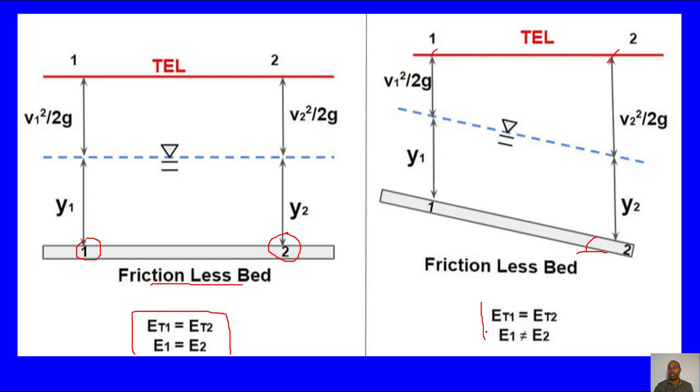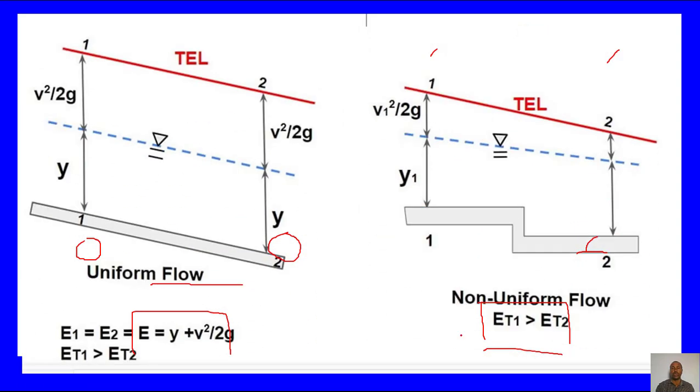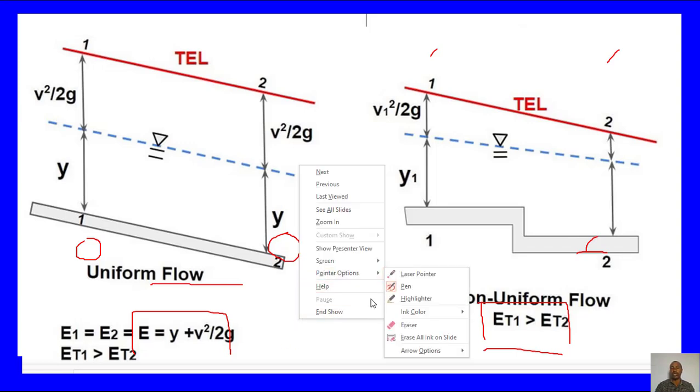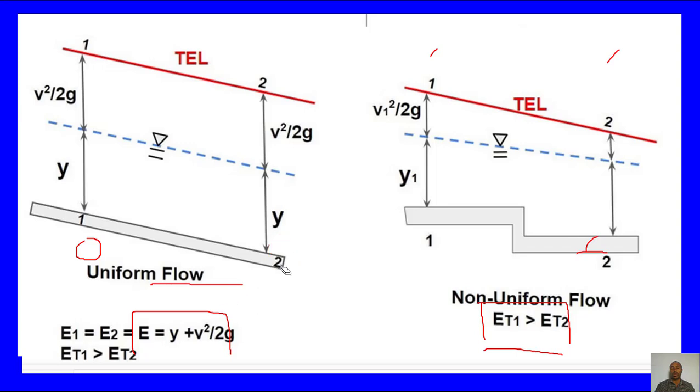You have total energy 1 equal to total energy 2, but E1 is different from E2. Let us see this one again, which is very important.